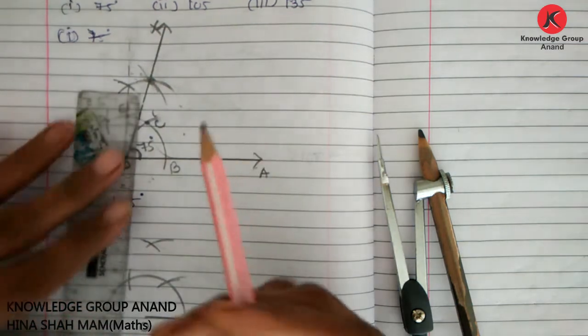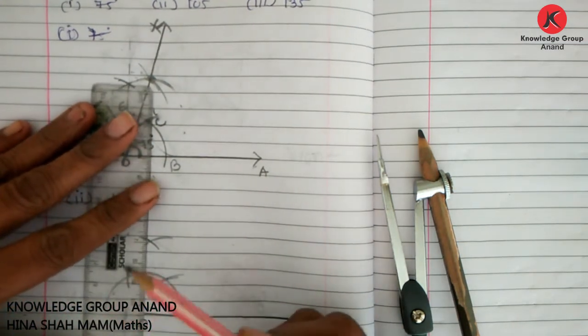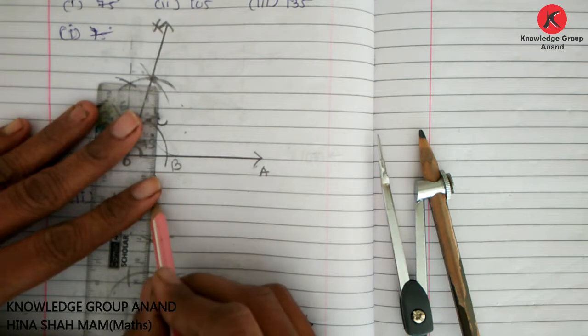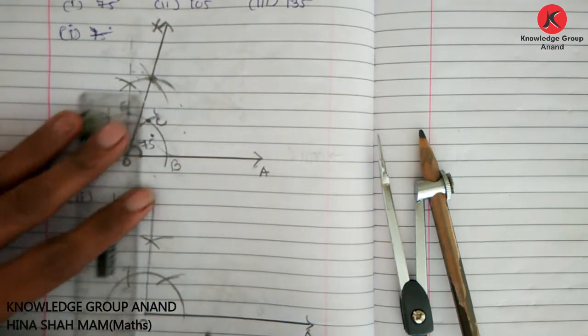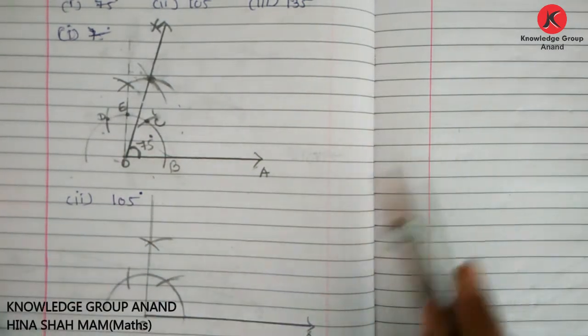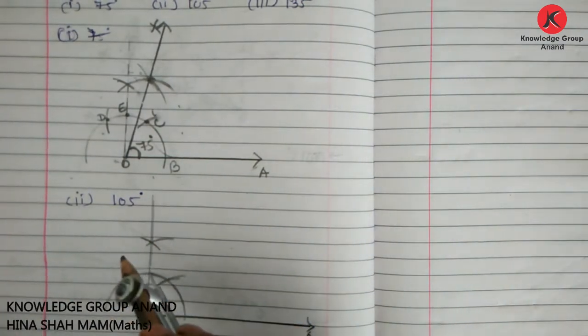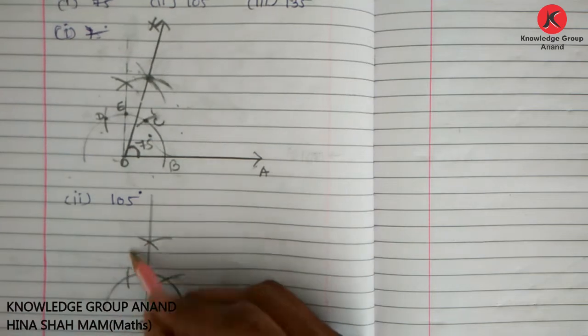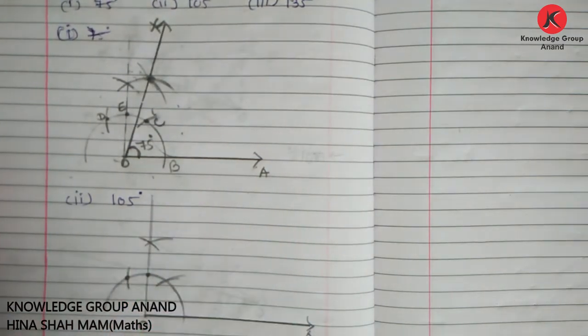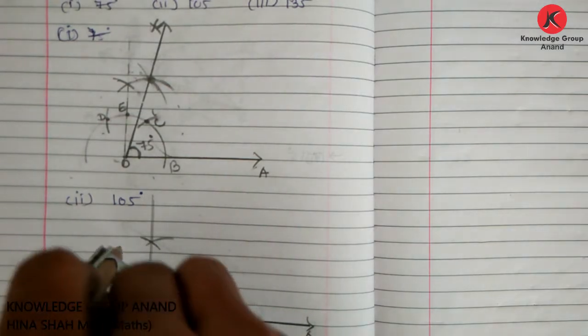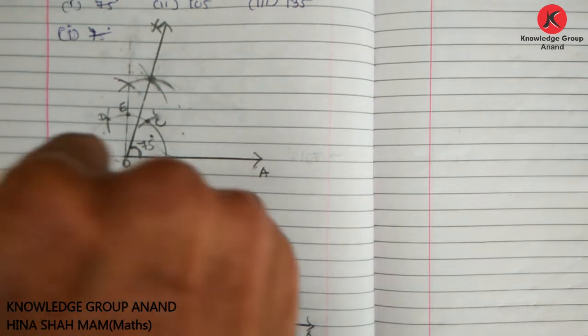Now we put the bisector of 90 and 120, it is 105, because the difference is 30.